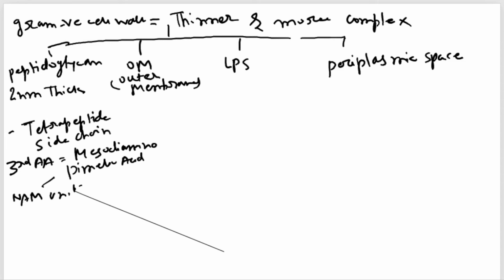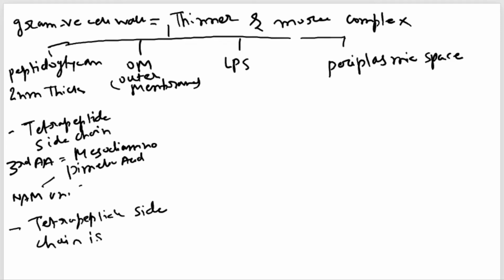Let me erase it for you. Okay. So, the N-acetyl muramic acid unit. Now, the tetrapeptide side chains are directly linked to each other. One more difference: the tetrapeptide side chain is directly linked to each other.